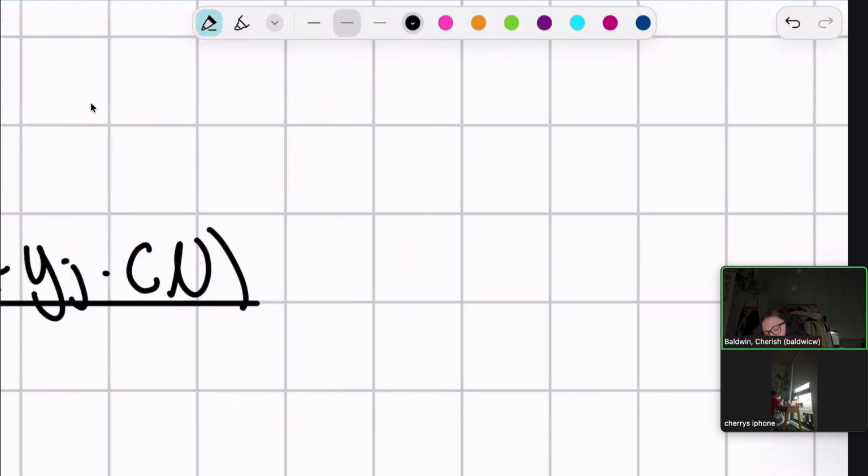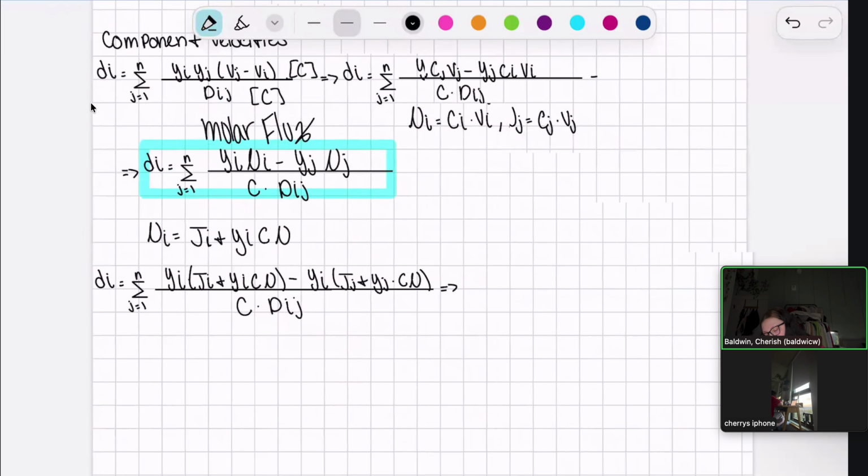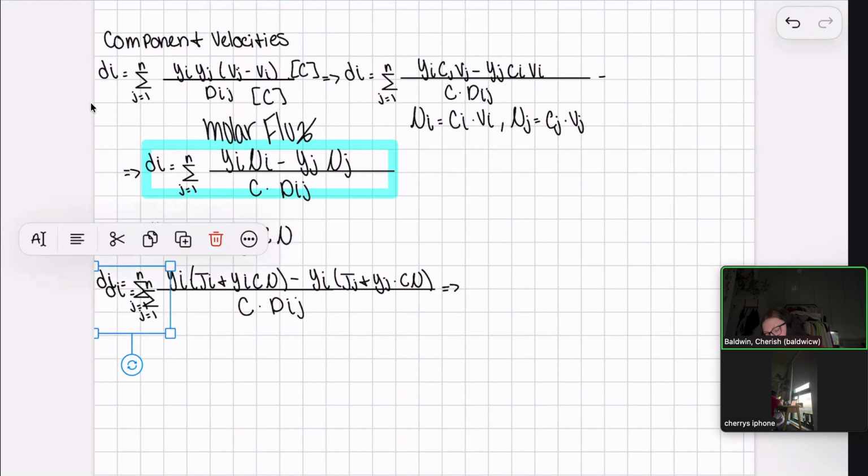Alright, so now let's open these parentheses up.